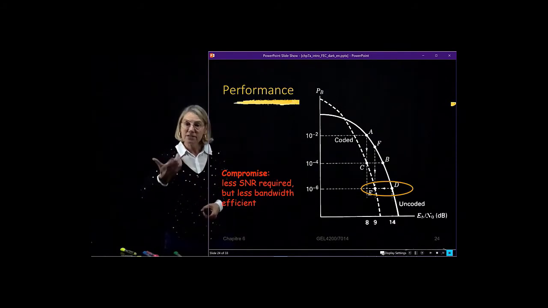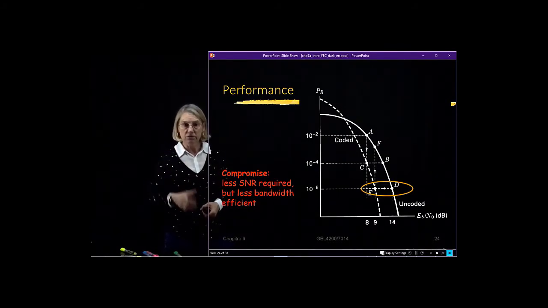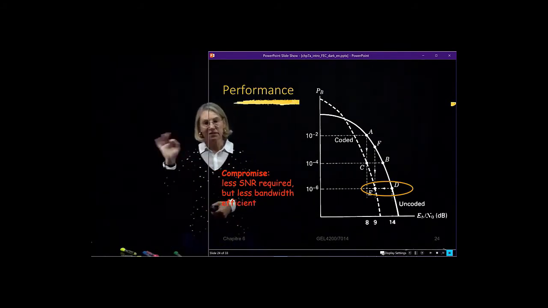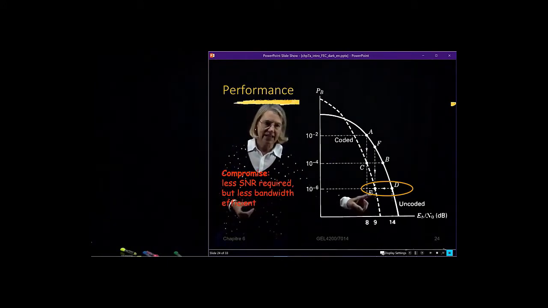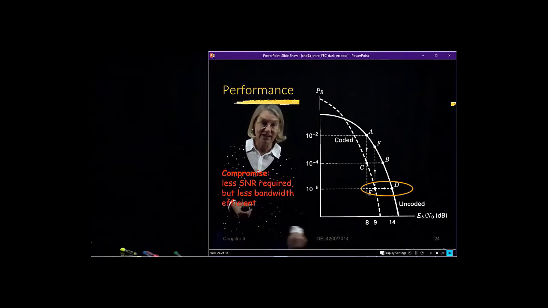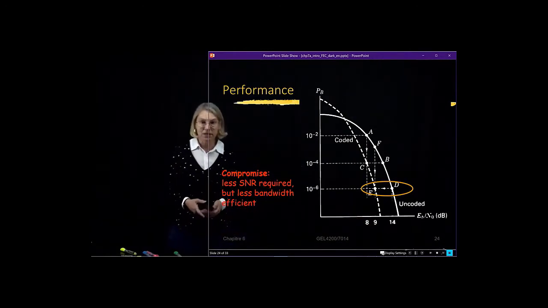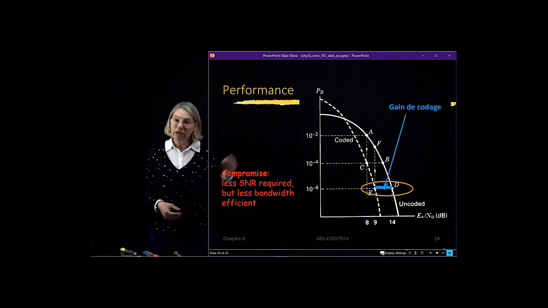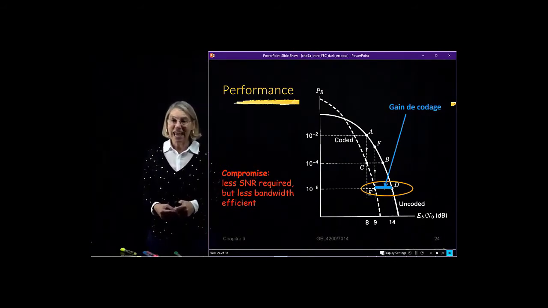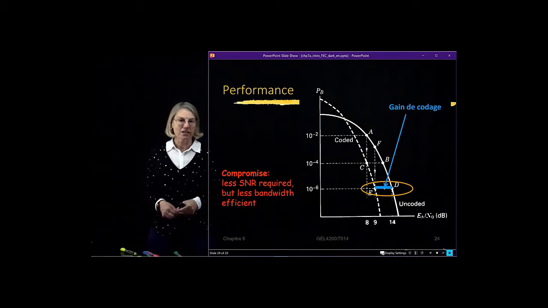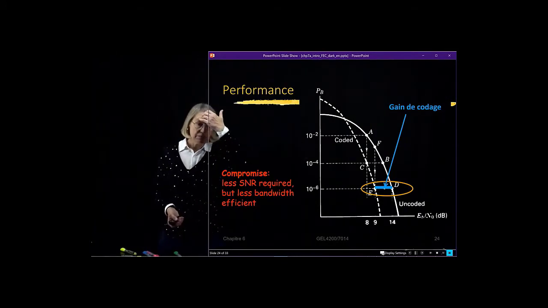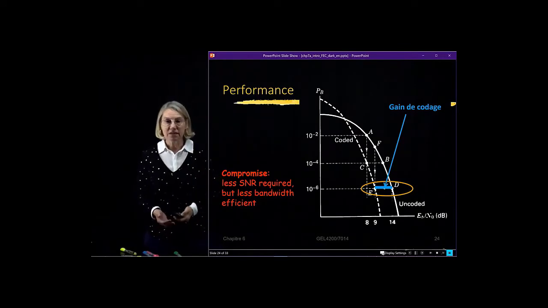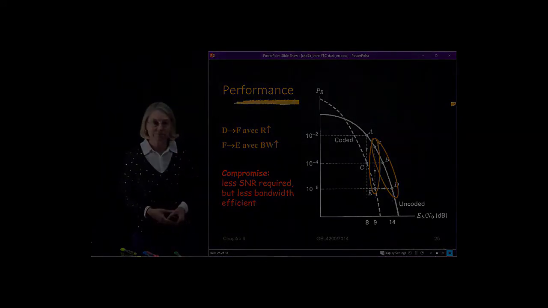But if I pay the cost of error correcting codes, both in terms of complexity and in terms of bandwidth, I can get that down to only requiring 9 dB for Eb over N0. And we call that the coding gain. So that's the gain when I use an error correcting code. In this case, it would be something like 5 dB coding gain because I'm using a code.